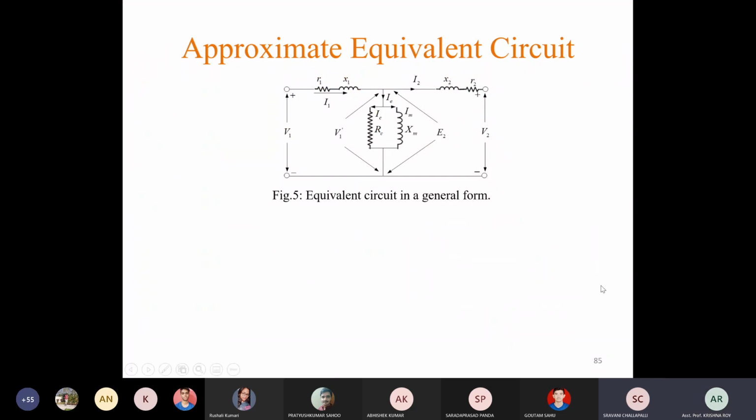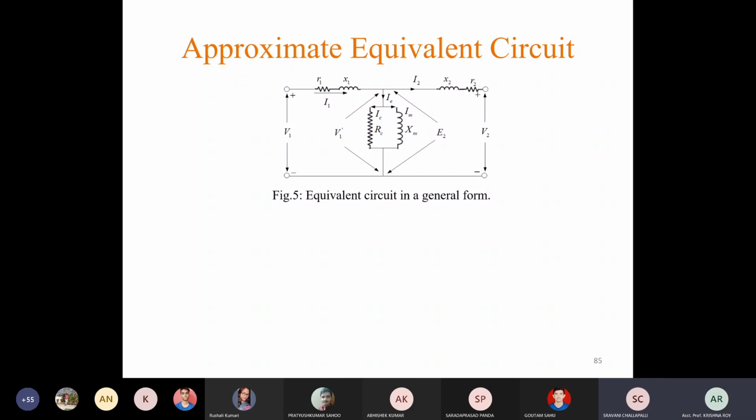So in our last class, we were discussing this approximation of the equivalent circuit, and we have got two equivalent circuits. One is excluding the primary leakage impedance drop due to exciting current.